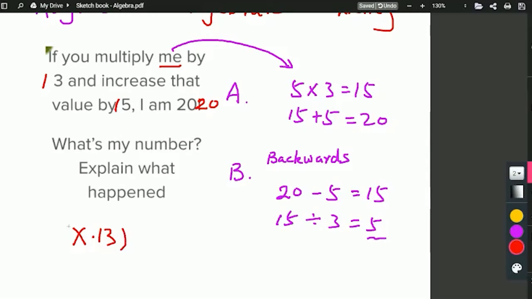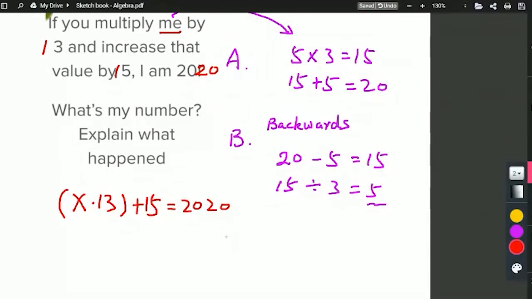After I have X times 13, I increase that value by 15, and that equals 2020. And from there, I can see, okay, this part plus 15 is 2020.